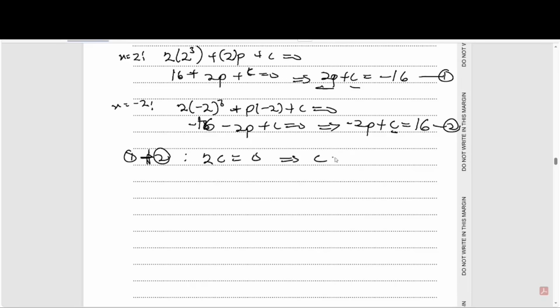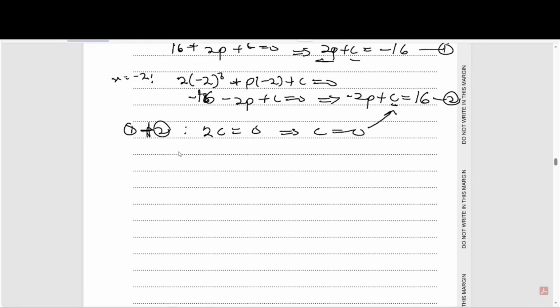And that implies that c is equal to 0. We put that into any of the equations. I'm going to put that inside this equation. Then I have -2p is equal to 16 since c is 0. Then this implies that p is equal to -8 after dividing through by -2.